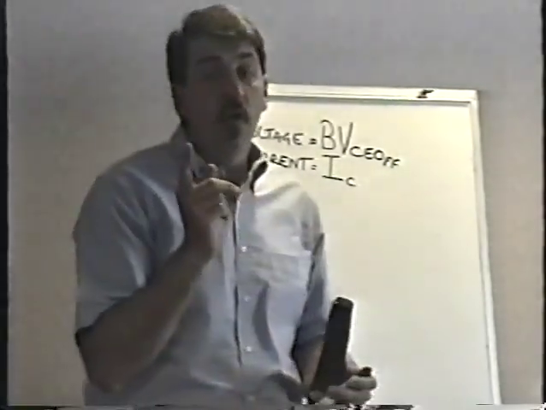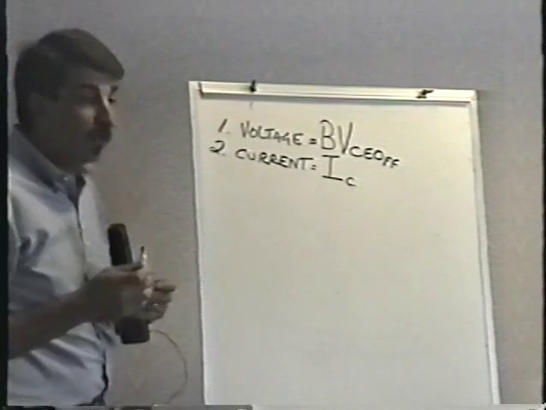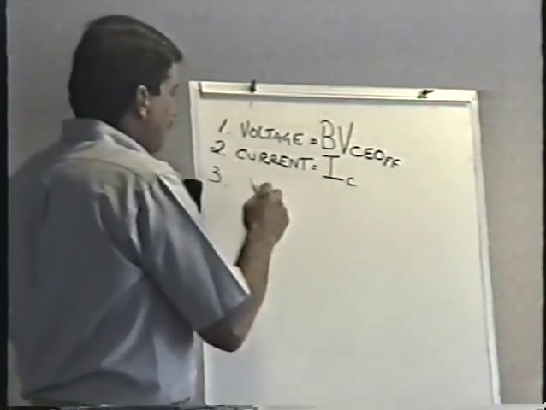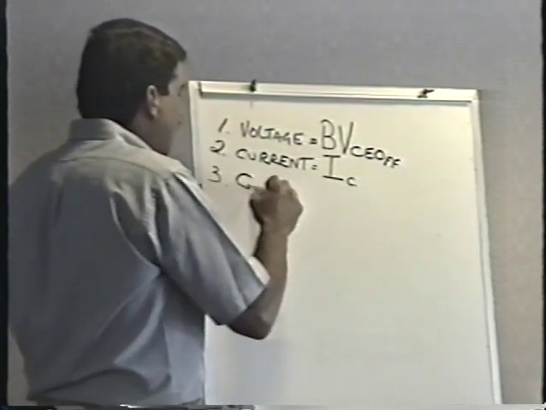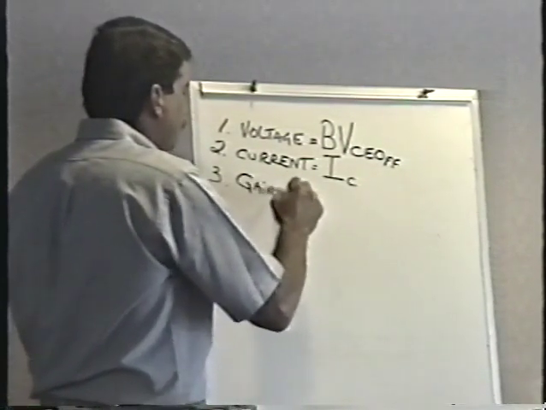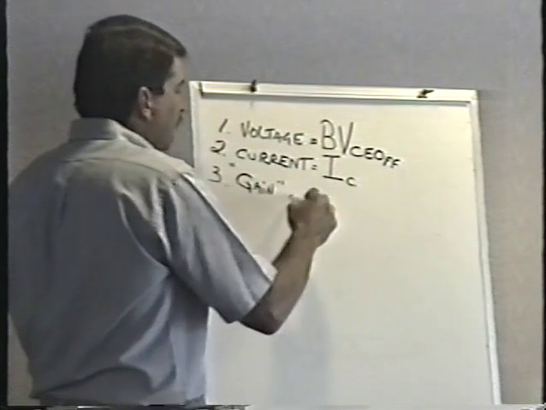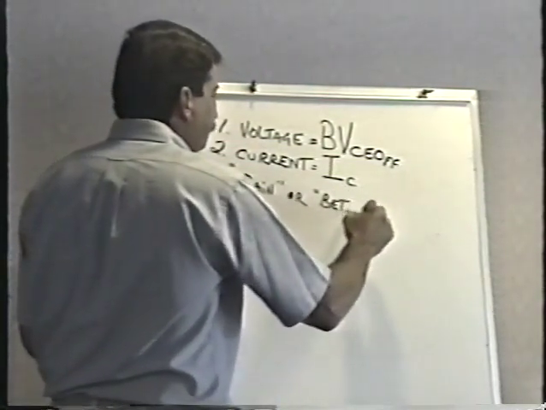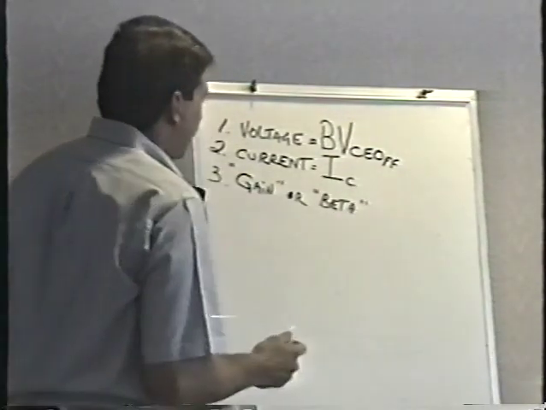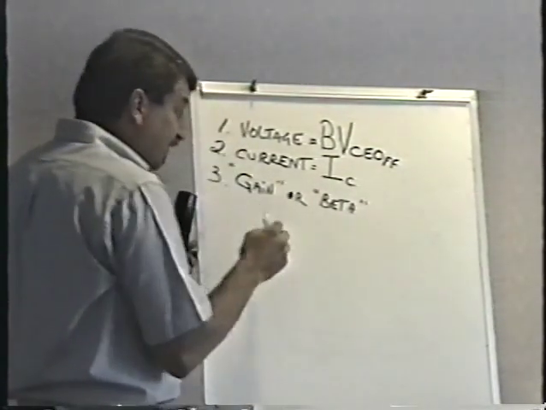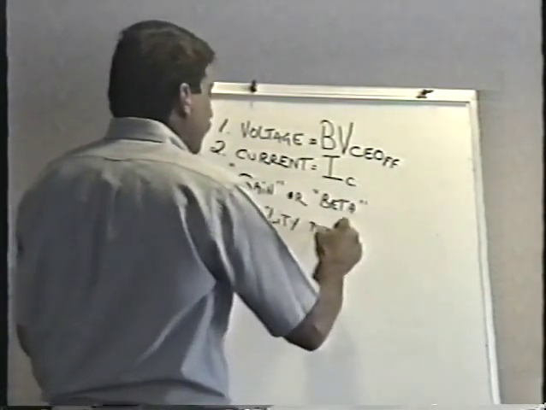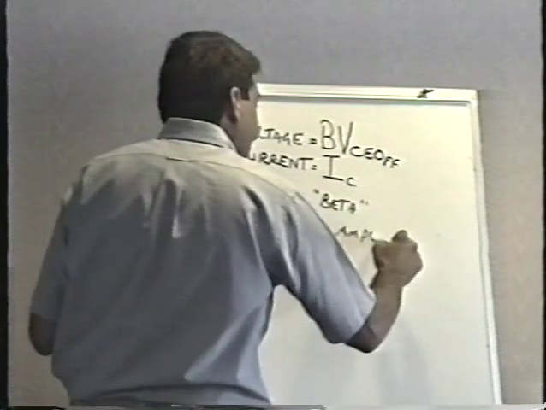But there's one more weird specification for transistors that you've got to know about. It's something known as the gain of the transistor, also referred to as the beta, B-E-T-A. The gain of the transistor is the transistor's ability to amplify.